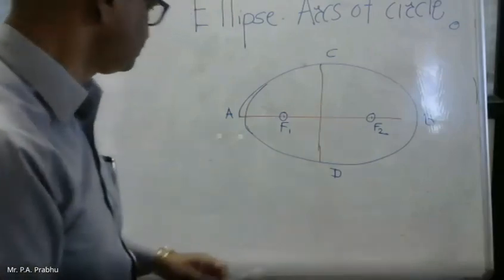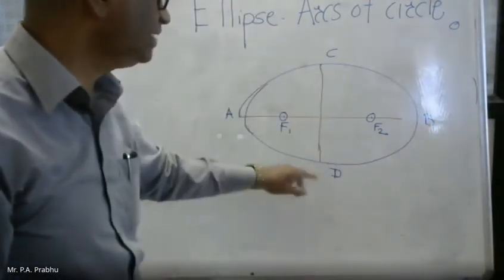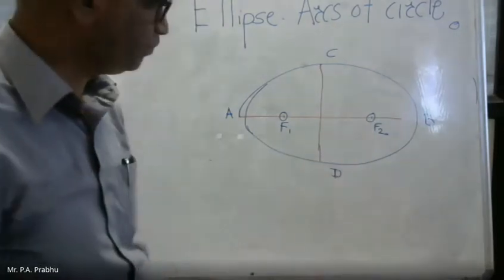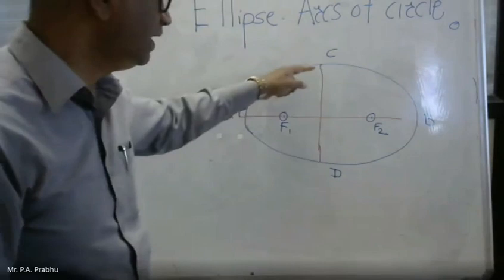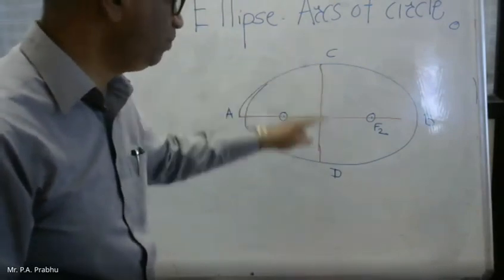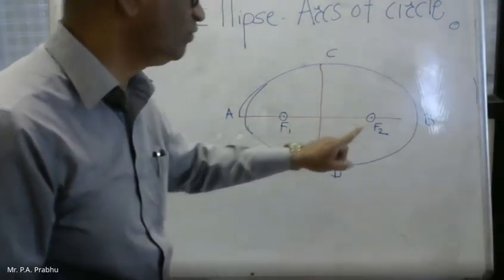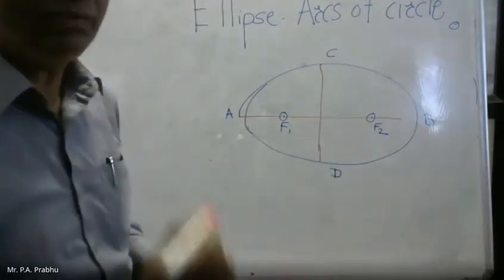So AB is the major axis, CD is the minor axis, and F1 and F2 are the two fixed points of an ellipse. The property says the distance between the end of the minor axis and the two foci is always equal, and it is equal to half the major axis.